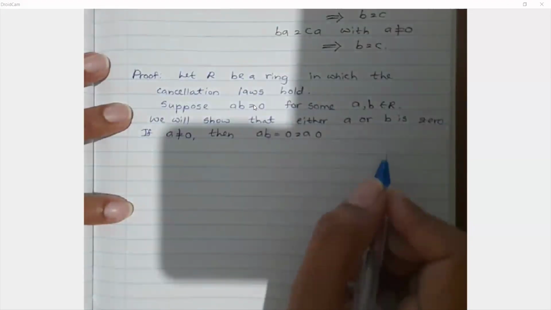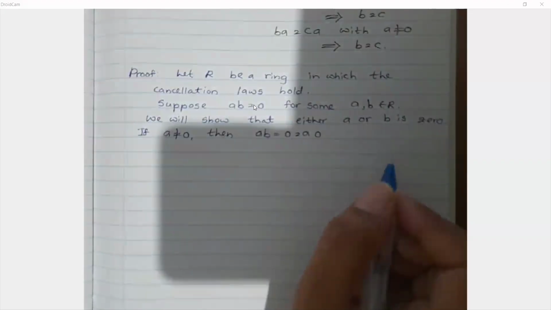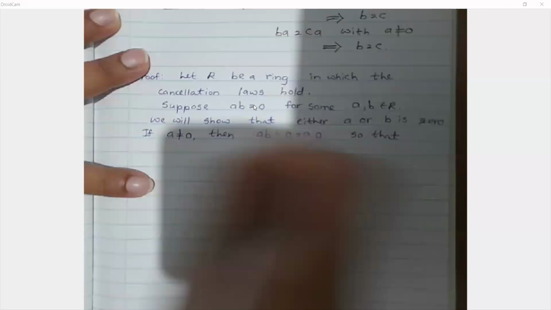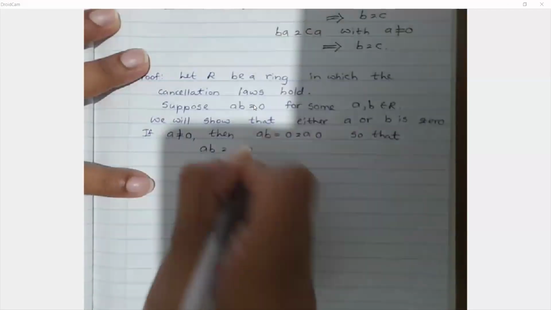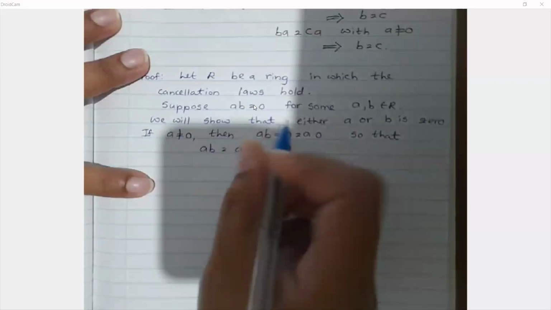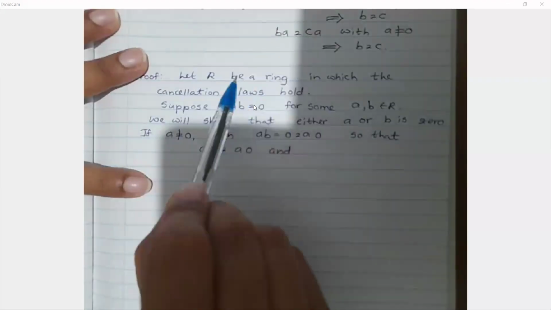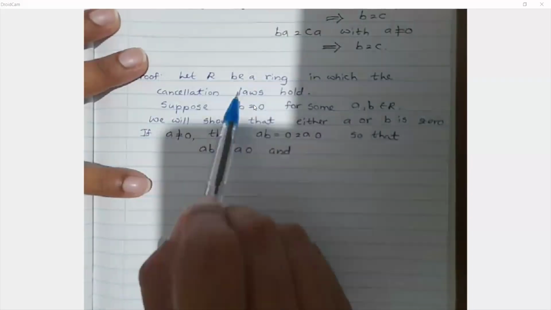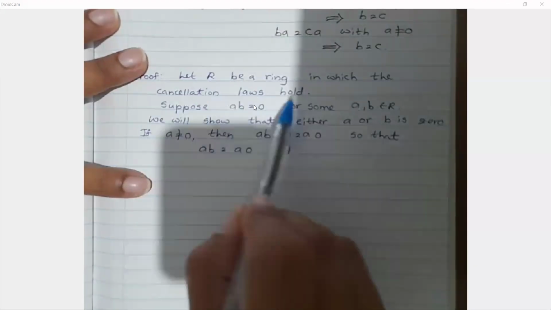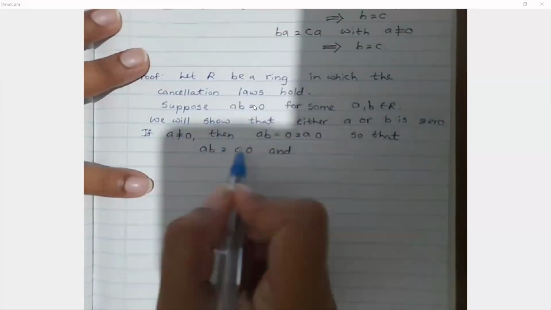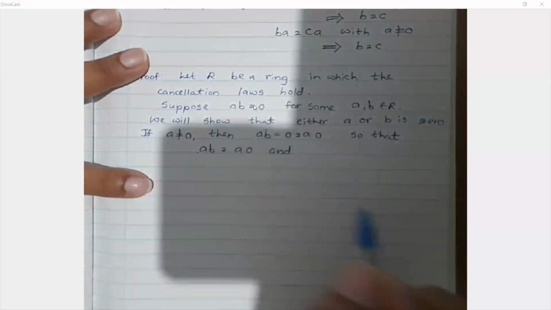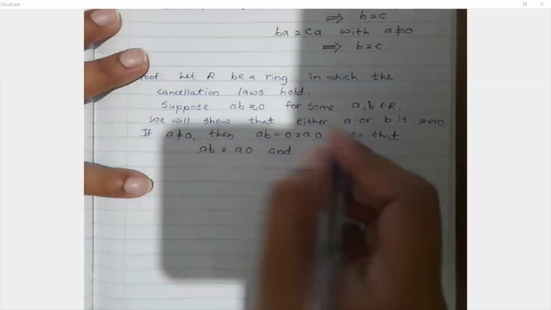And this implies that AB is equal to A0, and because our assumption is that R is a ring in which the cancellation laws hold, we simply cancel on both sides this element A, which is a non-zero element.